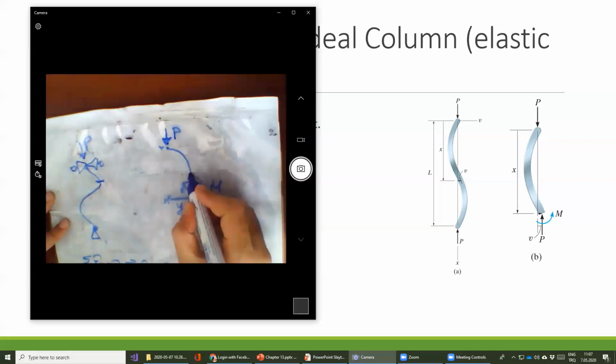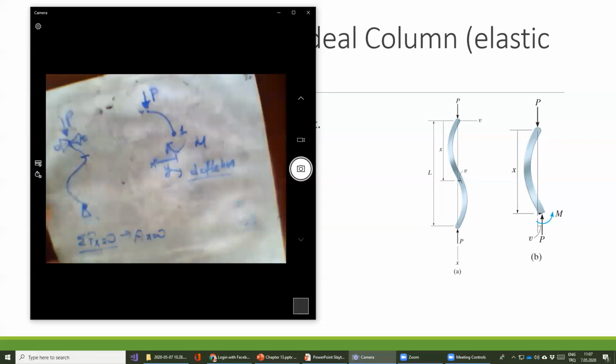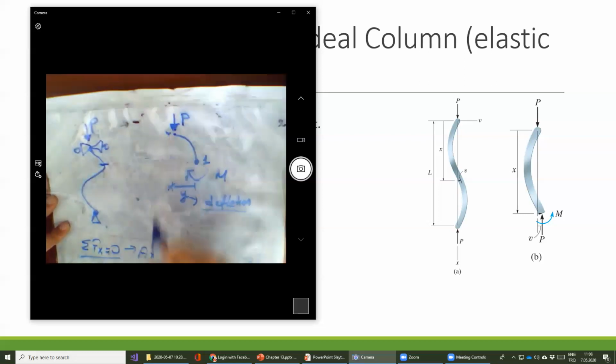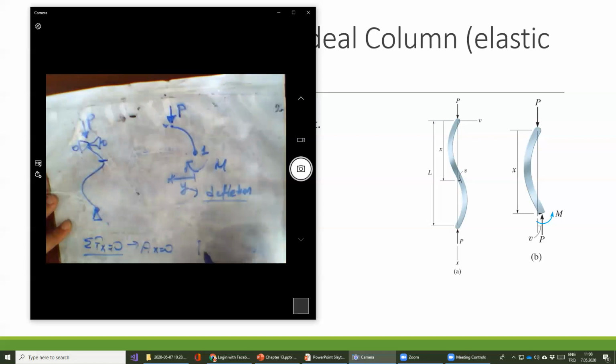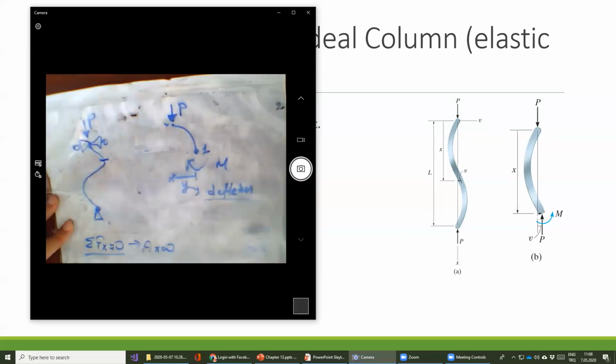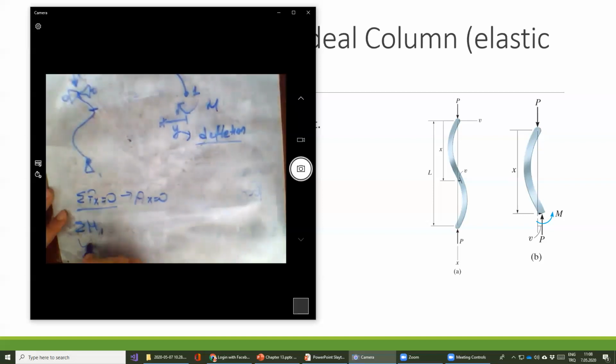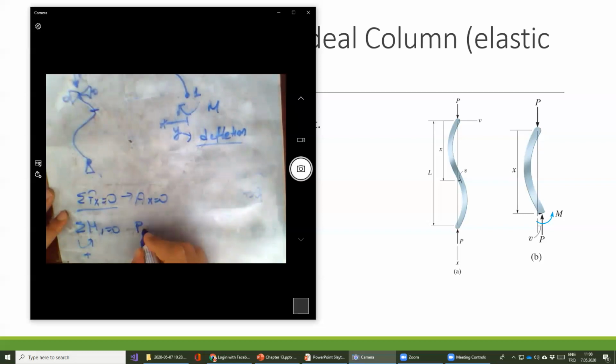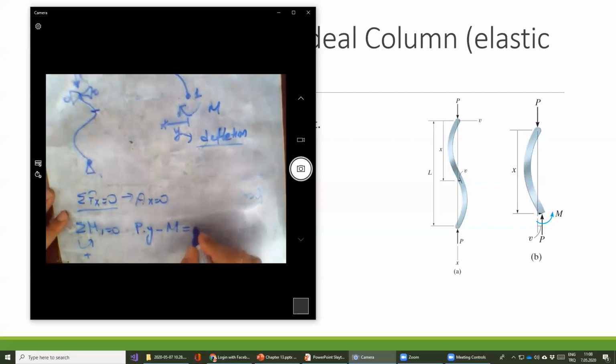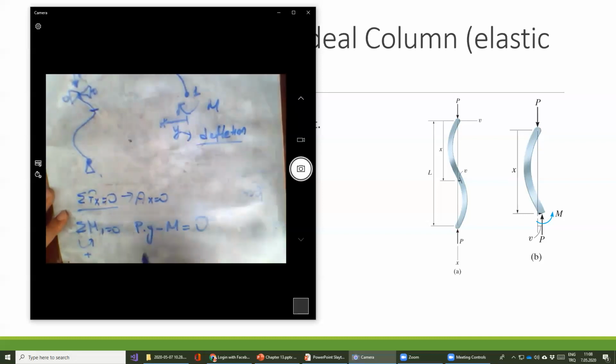So if I take the moment about point 1, in sigma moment 1, taking counterclockwise, is equal to 0: P times y minus moment is equal to 0. So you can also say the moment equals P times y.